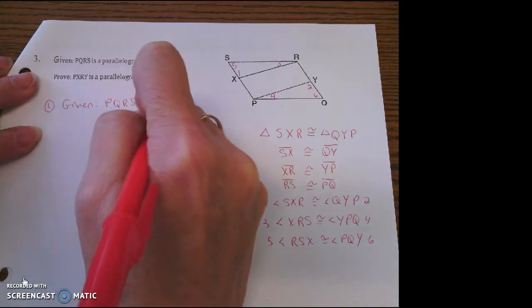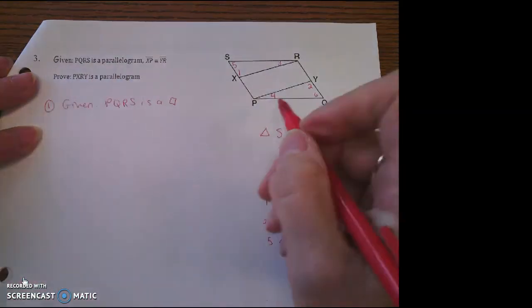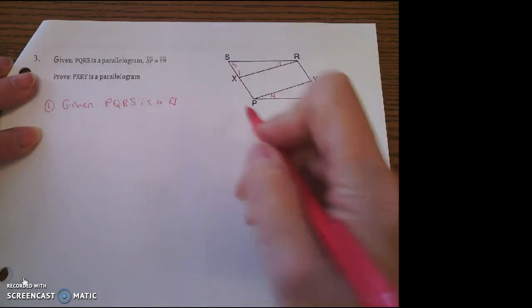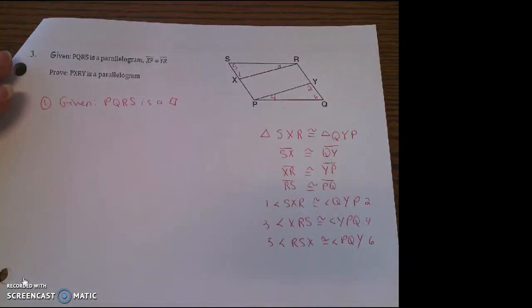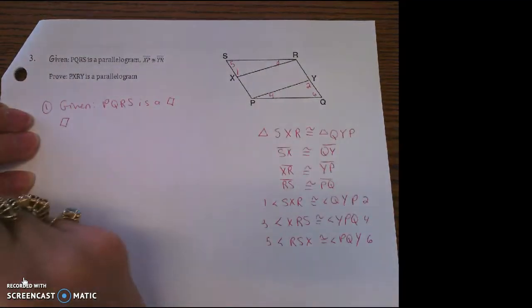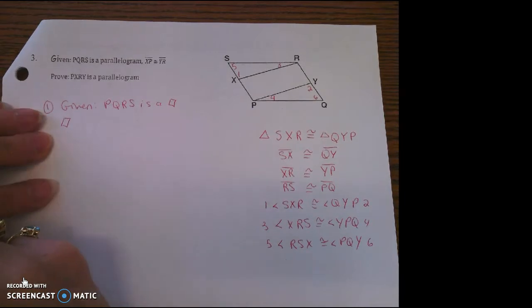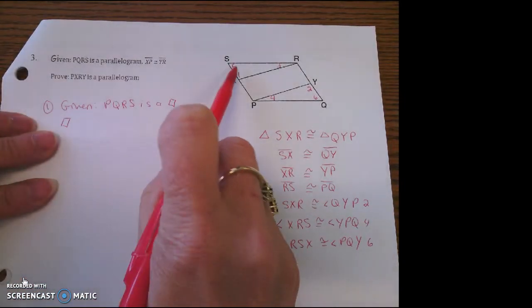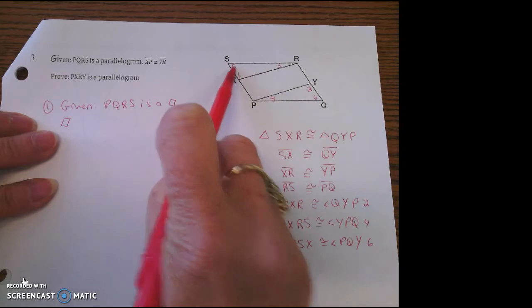We are given PQRS is a parallelogram. PQRS, the big one, is a parallelogram. So I can use any property of a parallelogram I want. I'm noticing I can get opposite angles congruent.